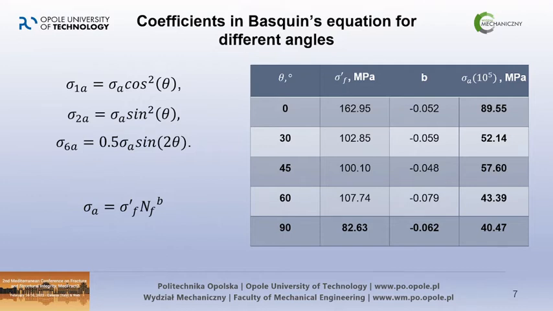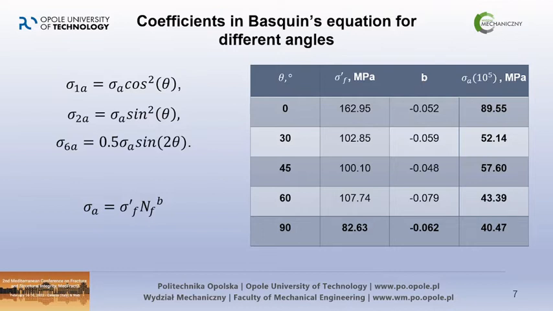The stress in each direction can be recorded depending on the angle of cutting the specimens, and to record it in this way we use these 3 equations here at the top left of this slide.